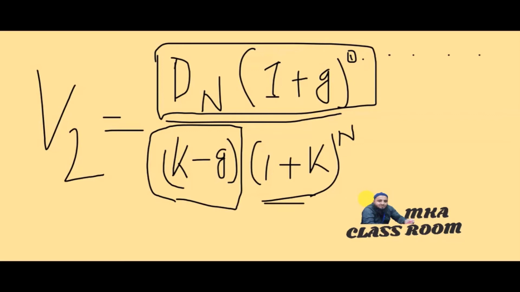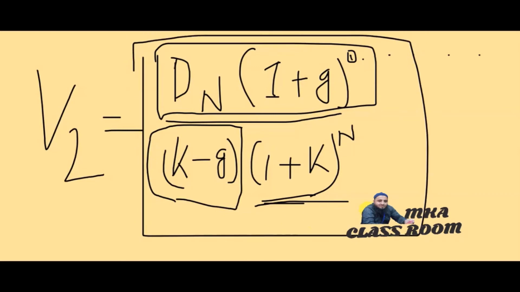When this value has to be viewed at time 0, it must be discounted to provide the present value at time 0 for the second phase dividend stream. That's why we divide by 1 plus k power n, which converts the total value to the present value. That means Gordon's model, or constant growth model, is turned into the present value.